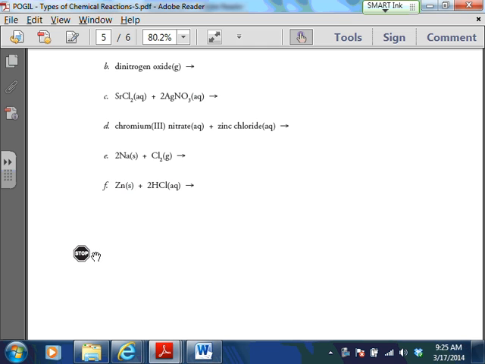Is it always going to replace the first one? Well, positive replaces positive, remember? The chlorine's negative, so the zinc won't replace the chlorine. So what's our compound going to be on the right side? Don't worry about the coefficient yet, we'll balance it at the end. But ZnL... ooh, let's not do that.